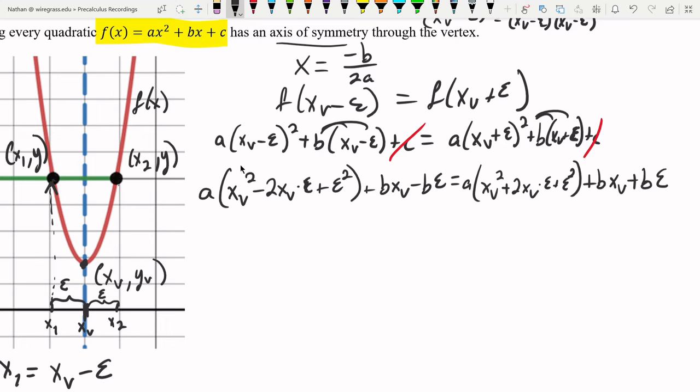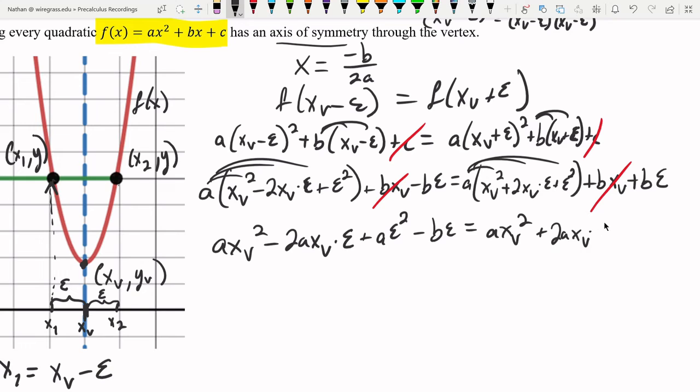Okay, now I can distribute the a to the three terms here. And you can also see here I can remove the bxv from both sides as well. All right, double checking my terms.